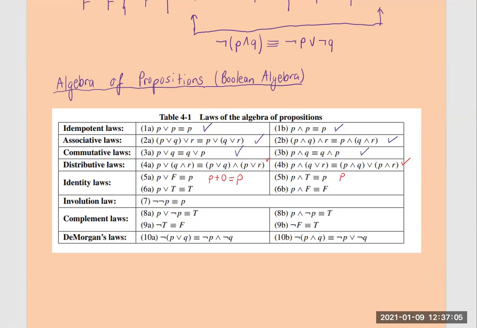P times 1 as an AND operation is equal P. And here is the P plus 1 is equal 1. And here is the P times 0 is equal 0. So the reverse of the reverse of P is equal to P. You can say P prime in parentheses prime is going to be equal P. You accept that one. And how about here?